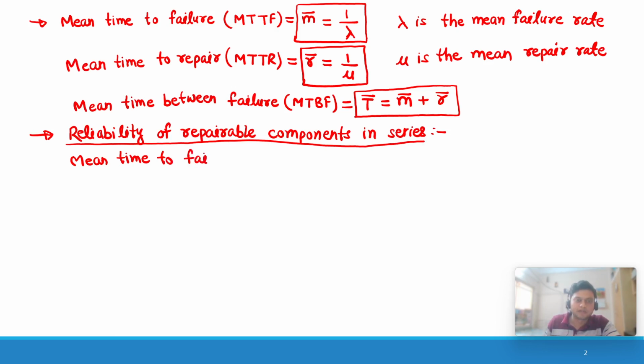You can either denote it as M bar system, or I have denoted here M bar series. It is the reciprocal of summation of lambda i, where lambda i is the mean failure rate for each component connected in series combination.